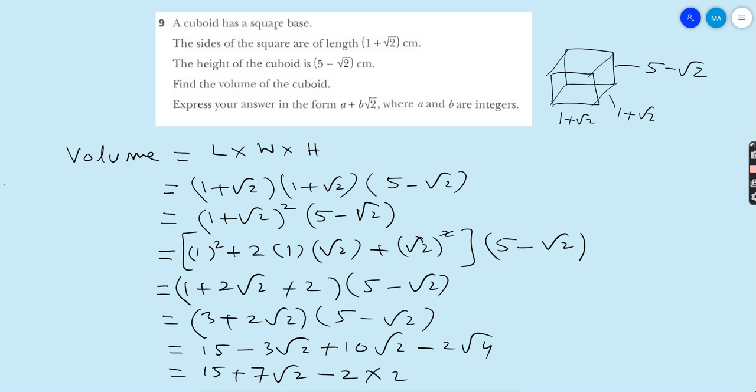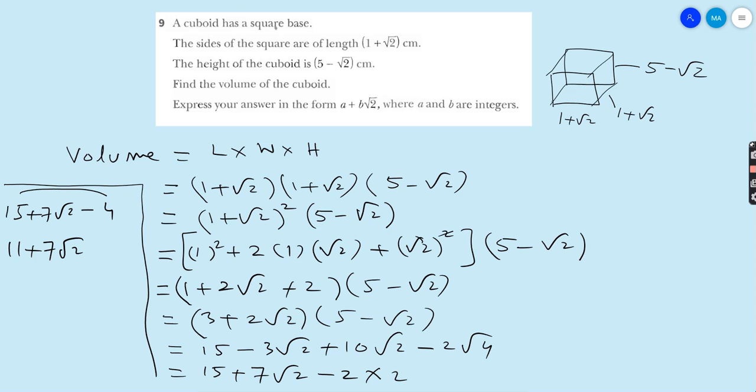I am doing the remaining work over here. 15 plus 7 root 2 minus 2 2s are 4. 15 minus 4 is 11. 11 plus 7 root 2.